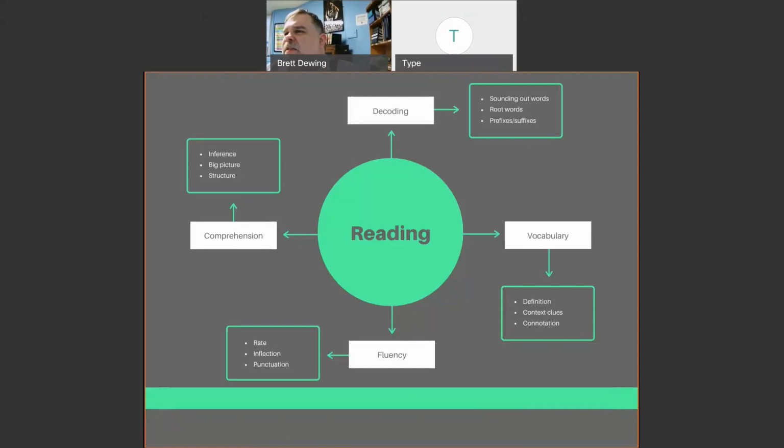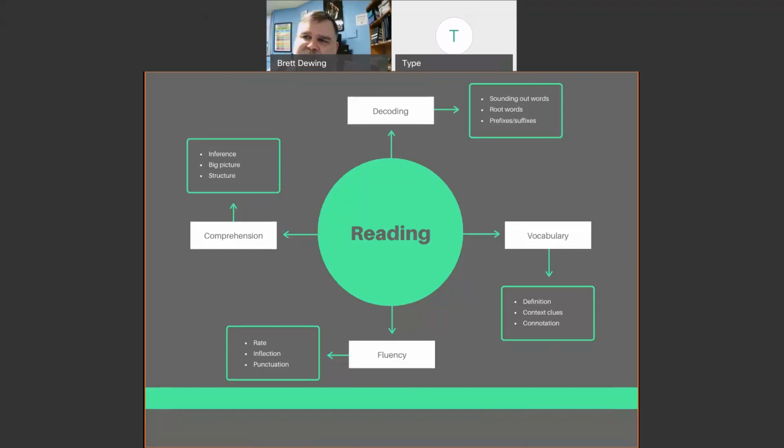The next piece of reading is fluency, which has to do a lot with reading out loud. It's reading at the correct rate, not too fast, not too slow, reading with good inflection, and knowing what to do when you come across punctuation. Do you pause? How long do you pause?